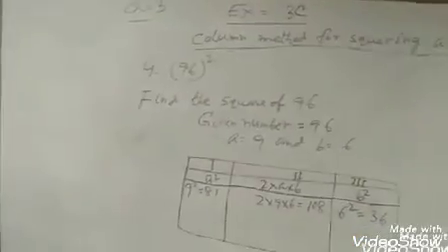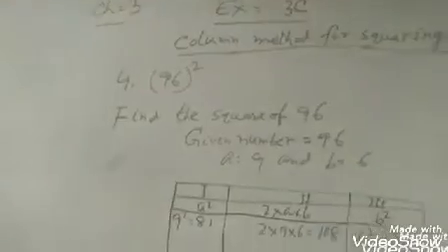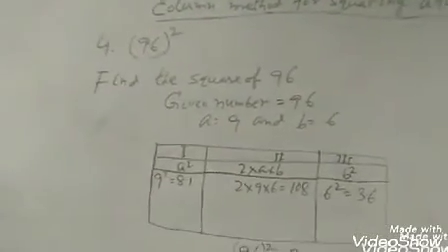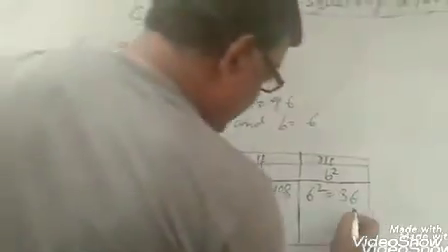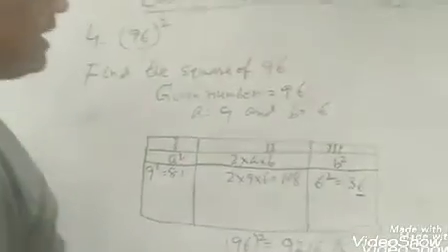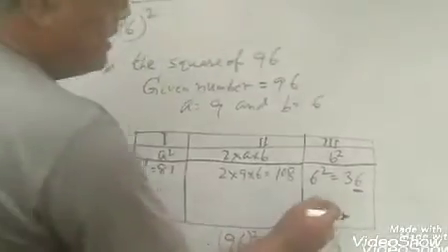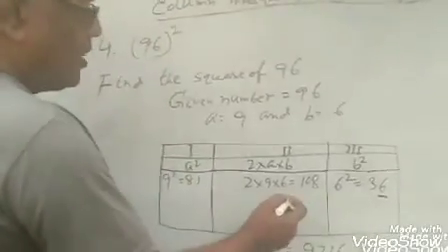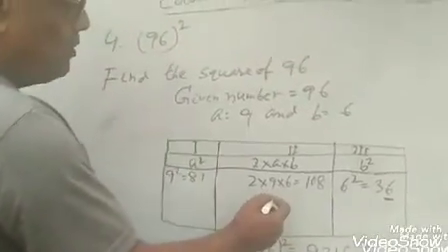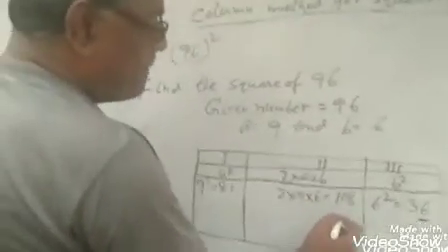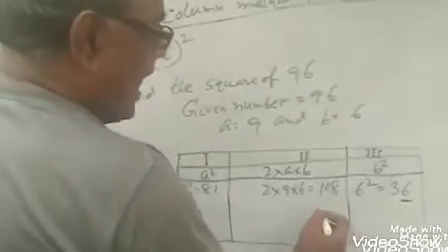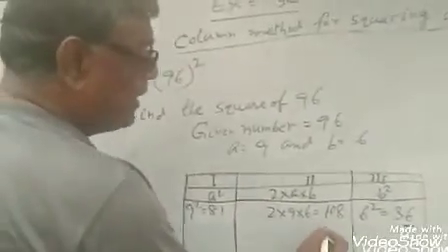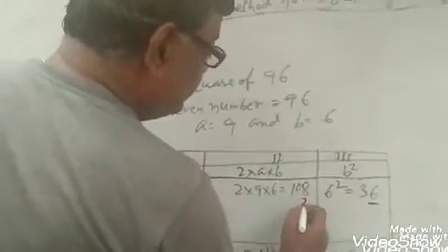And now, in column 3, value of B square equals 36, and underline 6. Carry over the tens digit number 3 to column 2 and add to the value of 2 into A into B. We get 111.